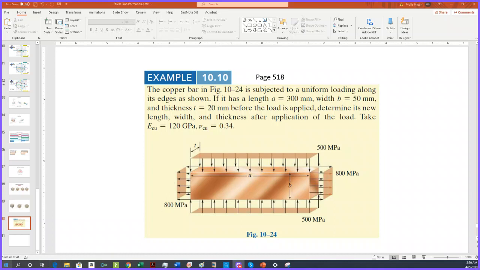Now in order to solve this problem, we will be using the generalized Hooke's law I discussed today, and we derived those generalized Hooke's laws.